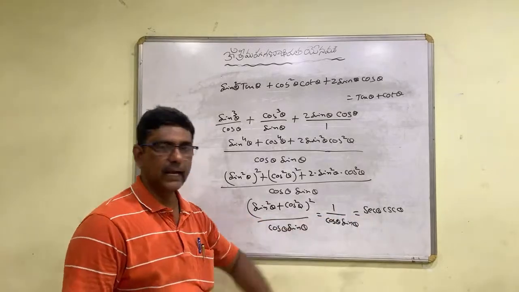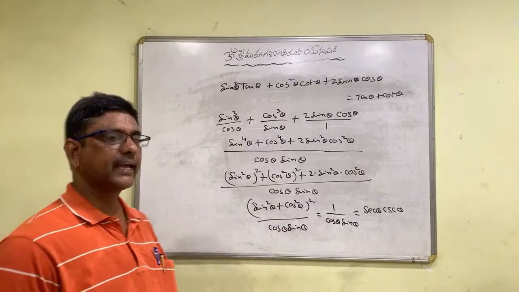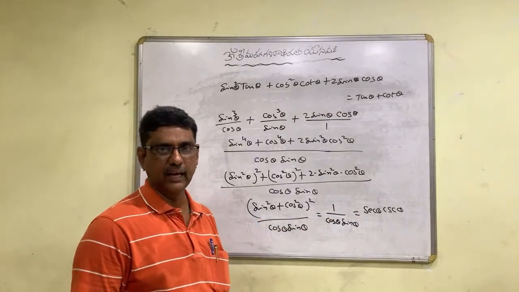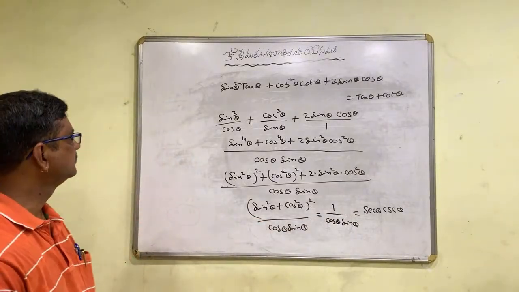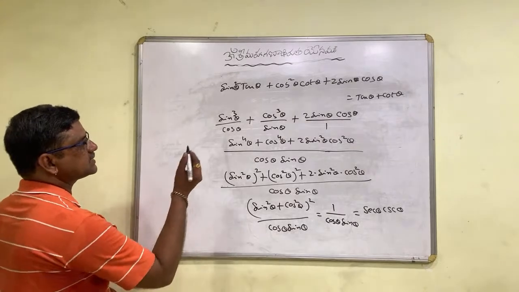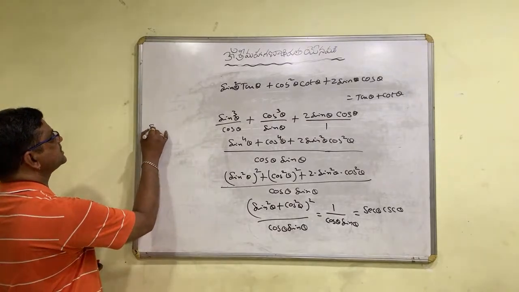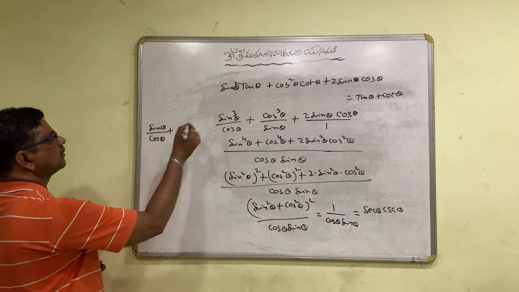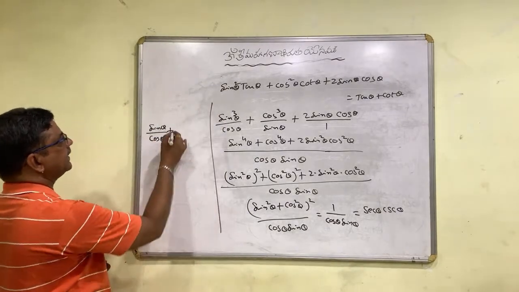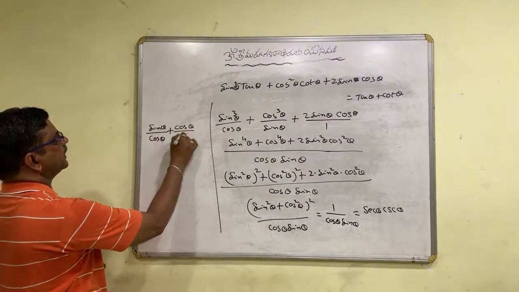See here. So in the LHS part we got secant theta cosecant theta. Now we need to simplify the RHS part. So what is RHS? Tan theta, I will write it as sin theta by cos theta. Cot theta, I will write it as cos theta by sin theta.